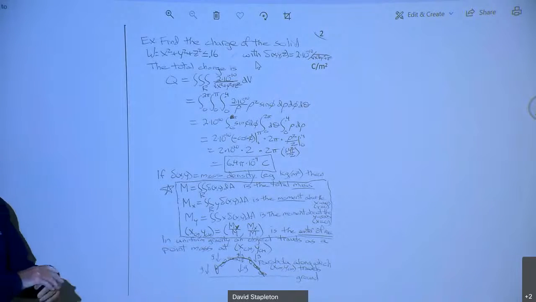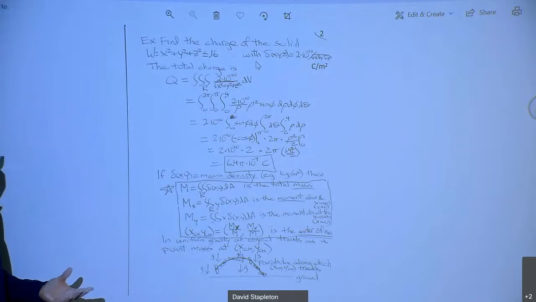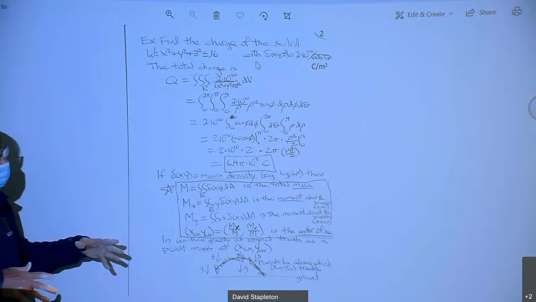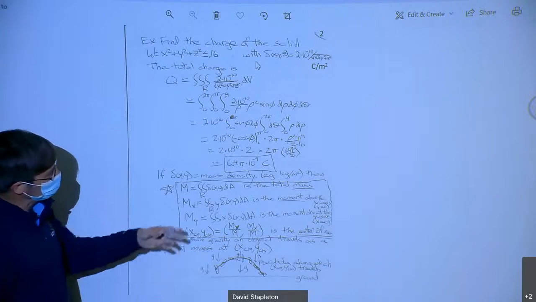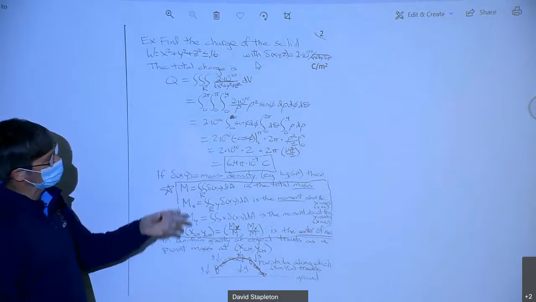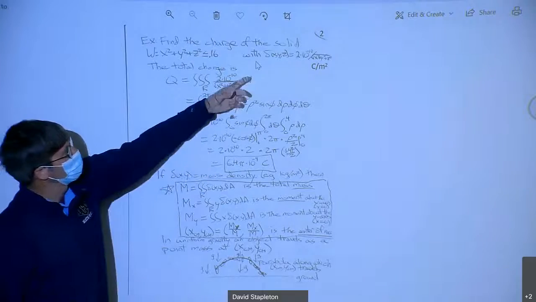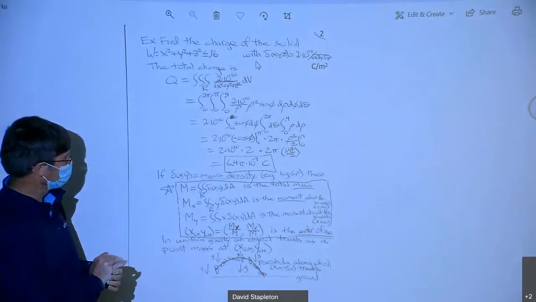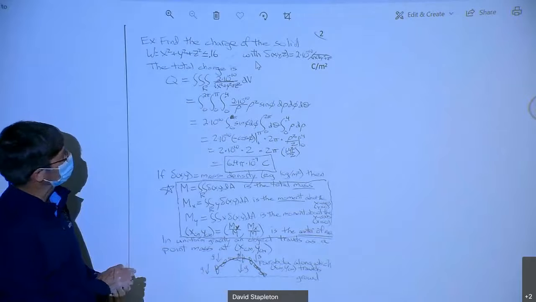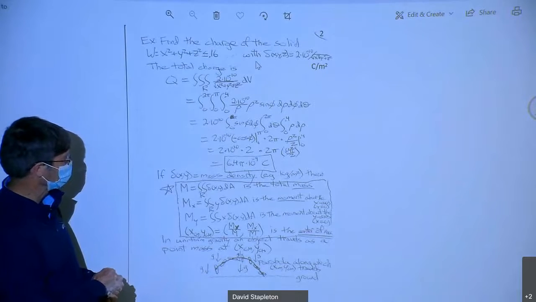In practice, if you actually have a metal sphere, all the charge will try to run to the outside to minimize the total potential energy. So this would be like a somewhat insulated sphere, so that you actually have a varying charge inside. Nonetheless, there's a computation if you could have that charge density.